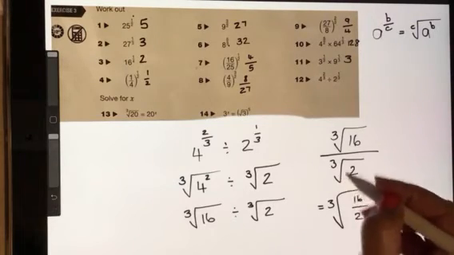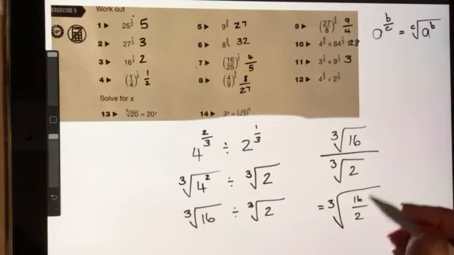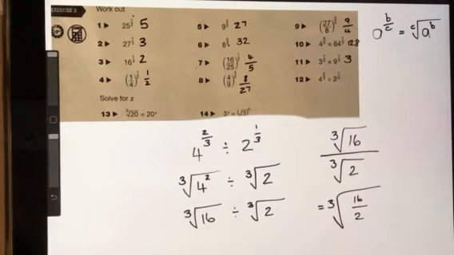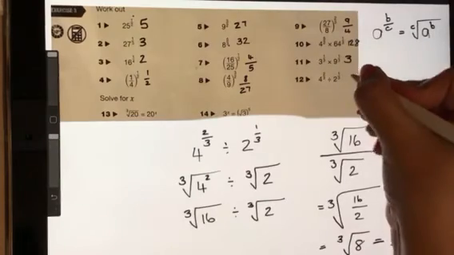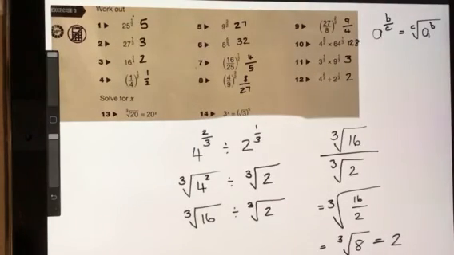So I'm simply taking out the cube root to encompass the whole fraction instead of doing it twice. And then we've got 16 divided by 2 gives you 8, and the cube root of 8 is 2. Right, looks complicated, but if you break it down into smaller parts, it's not that bad.